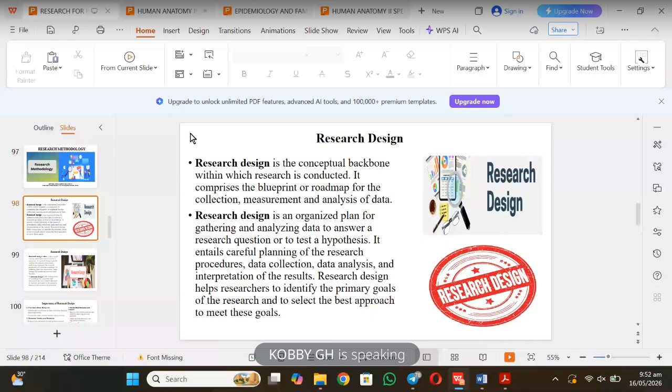Now, a retrospective study may have one disadvantage, which we also call recall bias. Some of them may forget things, so they may give you some information, but not all.